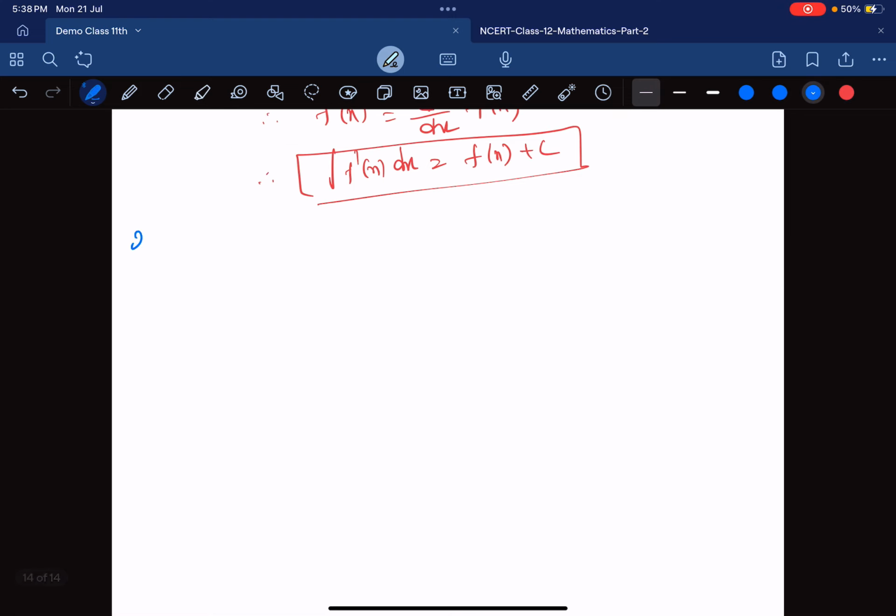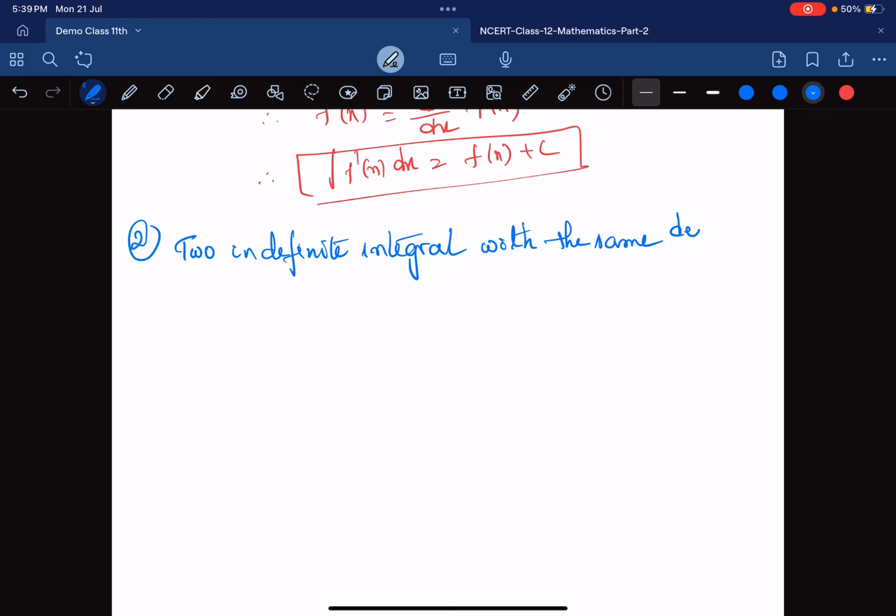Now see the second property. Two indefinite integrals with the same derivatives lead to the same family of curves.